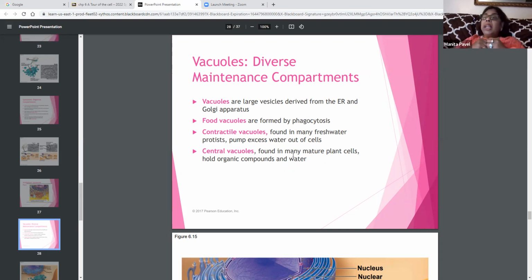Contractile vacuoles, as we see in amoeba, a freshwater protist, are going to expel all the excess water from the cell. And plant cells, which have the large central vacuole, are going to store all the organic compounds as well as water. So nutrients and organic compounds would be stored in the large central vacuole in plant cells.